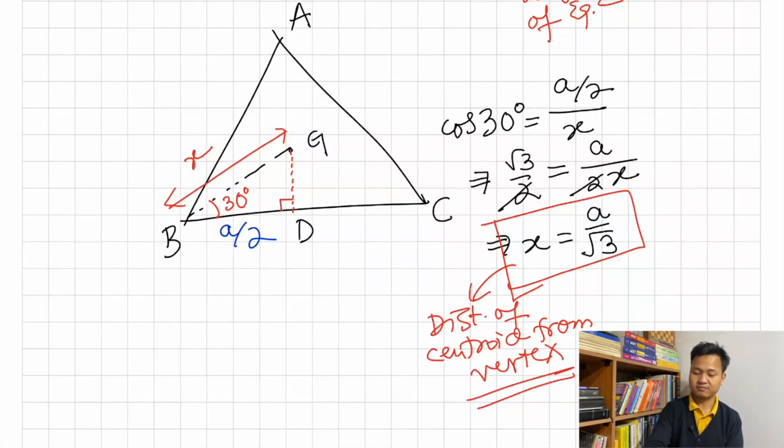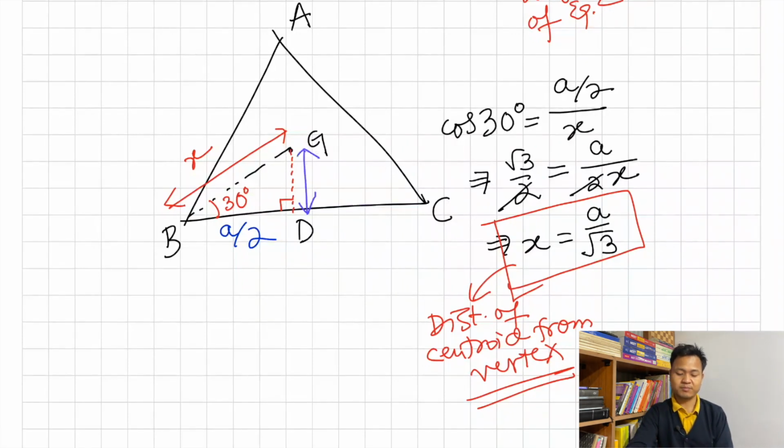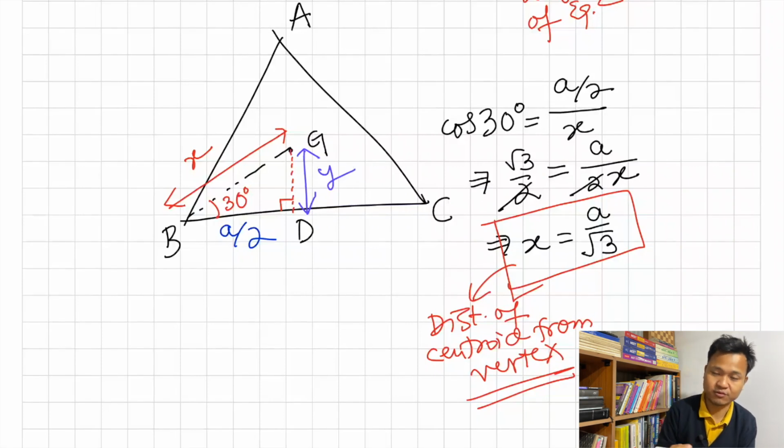Another useful thing here is, what is this distance? The perpendicular distance of the centroid from the side. Let's say this is y. We have to find y. Here y is opposite to 30, so we can apply sine, or you can apply tan.